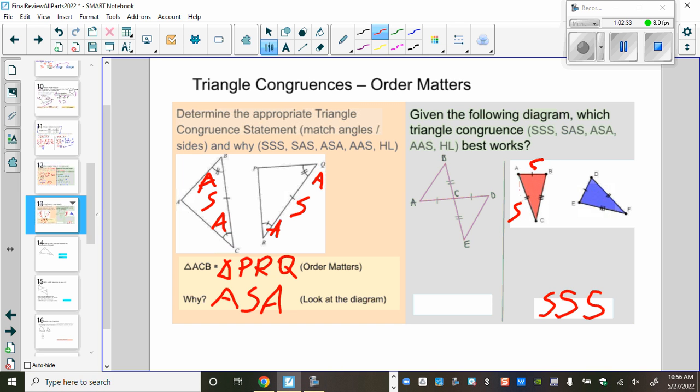Side, side, side. And that's the same. So this one was straightforward. Similarly, this one was pretty straightforward too. You had an angle, side, angle.